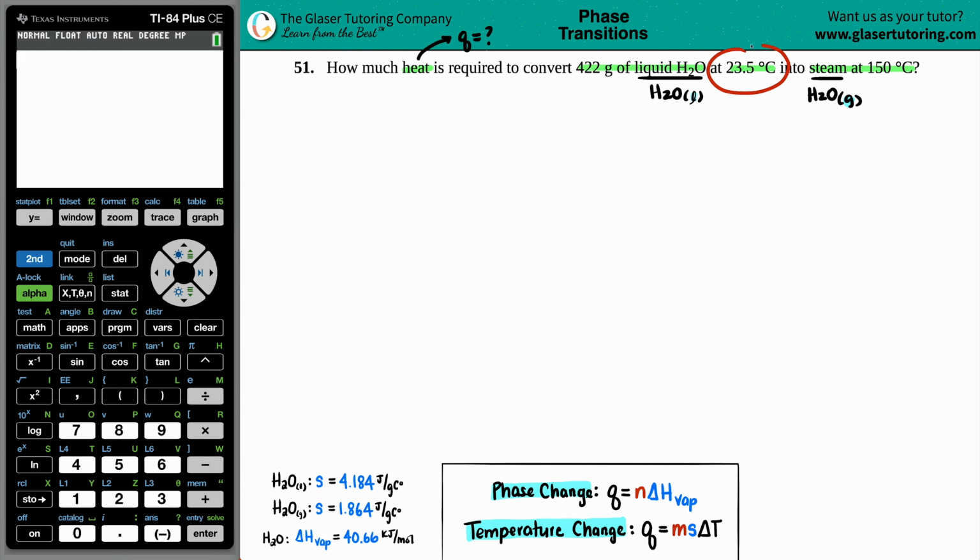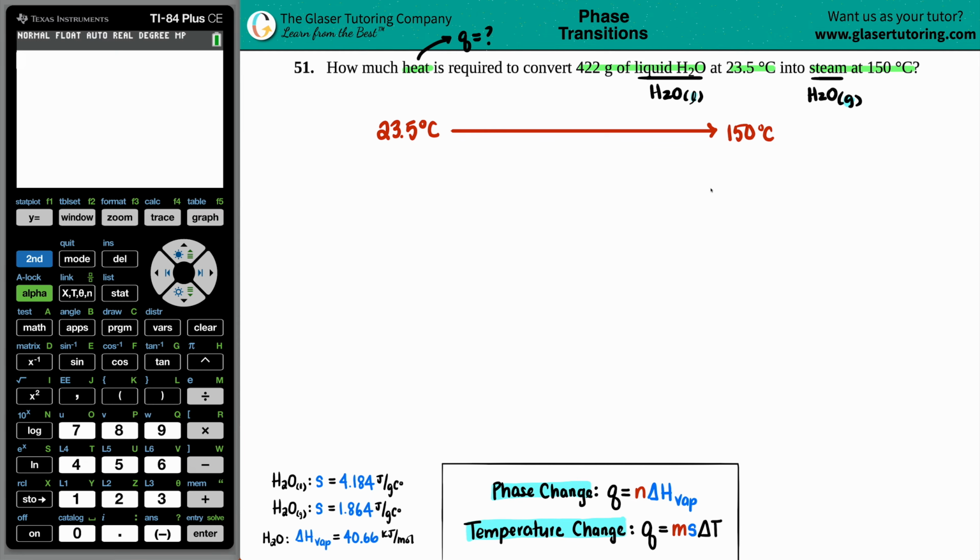So we're starting at 23.5 degrees Celsius, and I need to heat this water all the way up to 150 degrees Celsius.